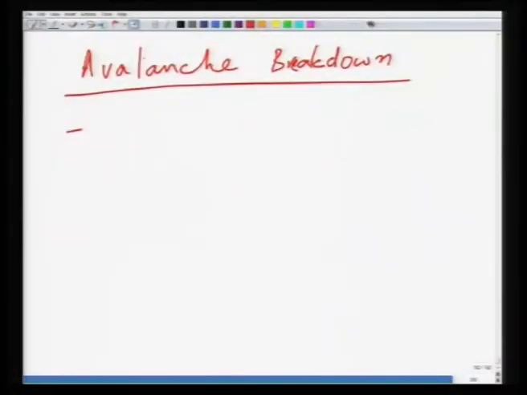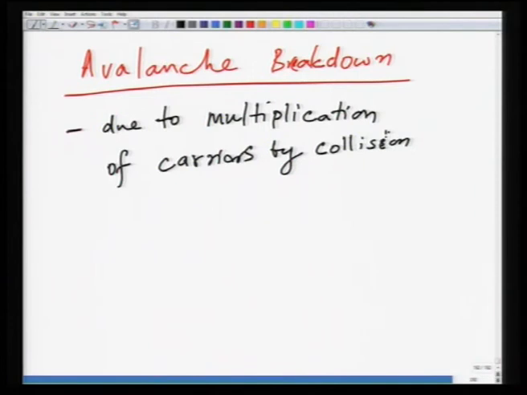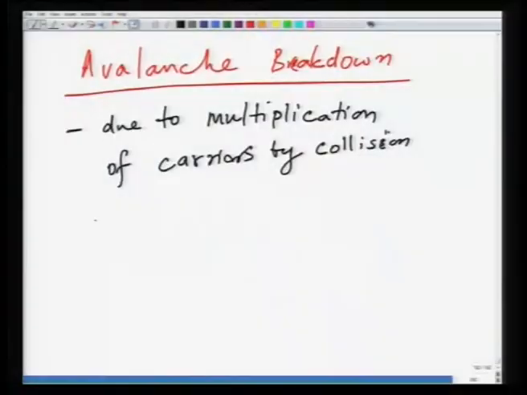So, basically, due to multiplication of carriers by collision, high energy electrons knock off many more electrons from the lattice, and this multiplication in the electron numbers leads to an increase in the conductivity, which eventually leads to the failure, and this happens typically in thin films.